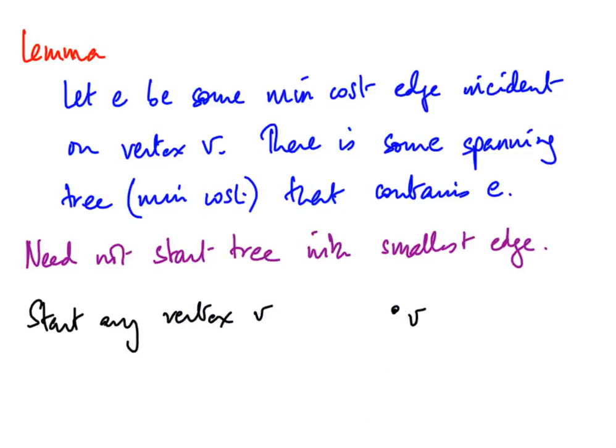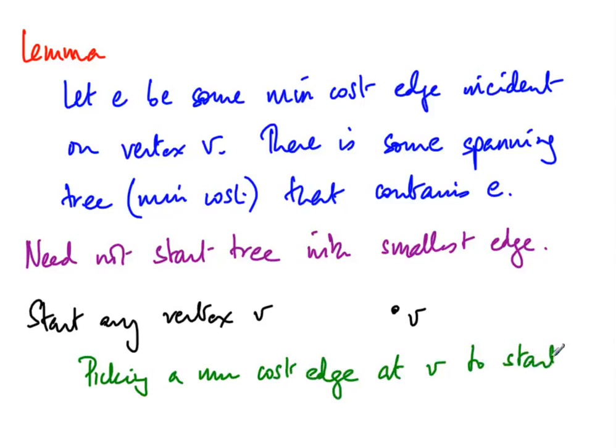And what we would do in the first step is that, as we normally use Prim's algorithm, we'll actually end up picking a minimum cost edge at v to start the tree. Right? So the point is this need not be a global minimum. This is a minimum cost edge at v.